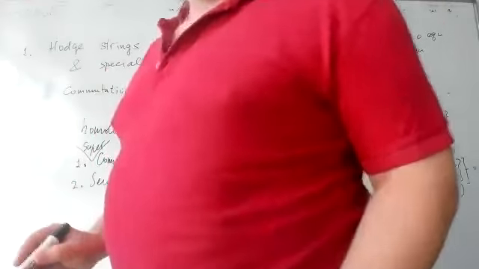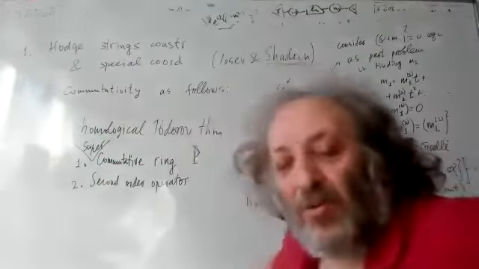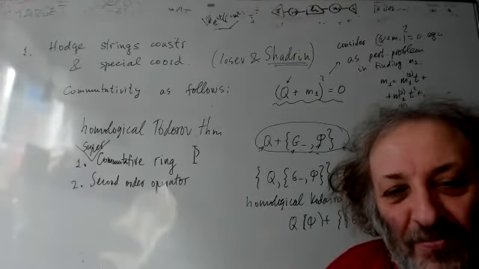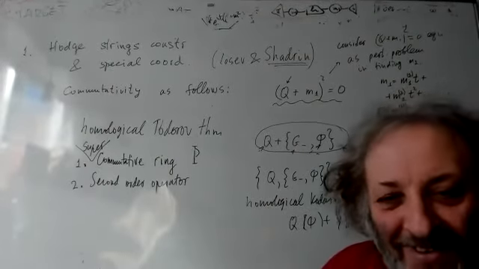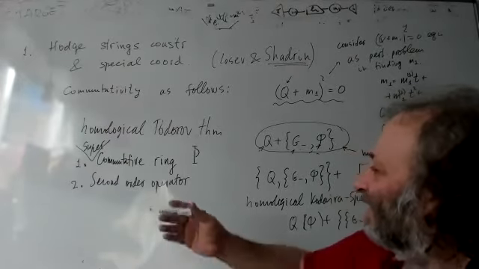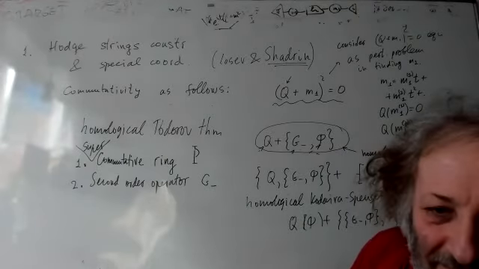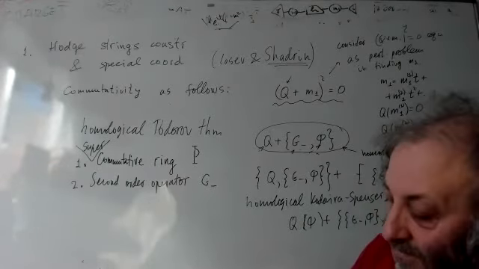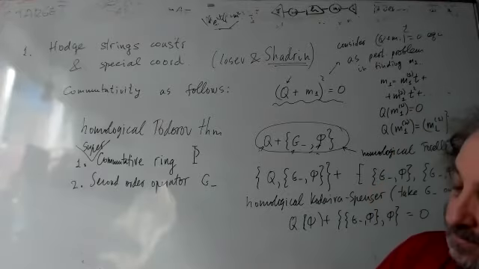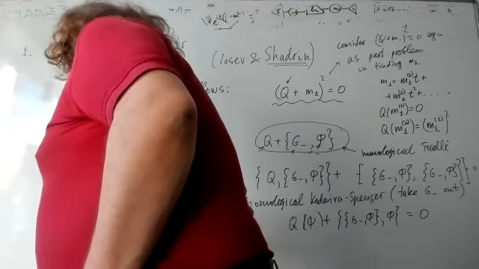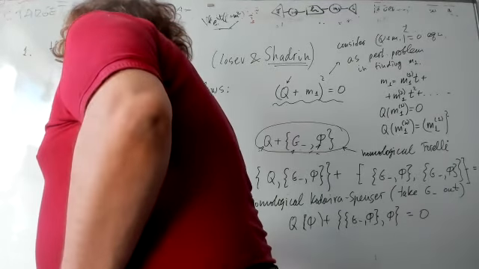I'll call it P. So P, first of all, because one example are polynomials. Also P because it's a polyvector. So I have to invent a name. Second order operator. Oh, this would be G minus. And of course I forget the first order Q. First order operator.